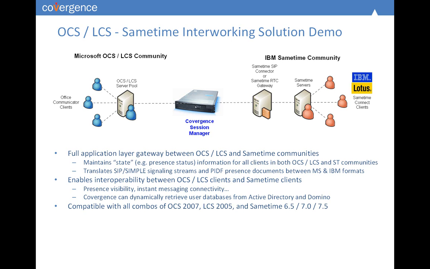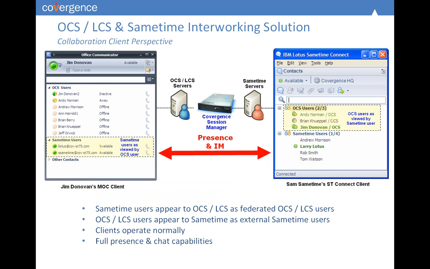From a collaboration client perspective, what you're going to see in the demonstration is, on the left side, an Office Communicator. On the right side you'll have an IBM Lotus Sametime Connect client. The users are divided up so they're both Sametime and OCS users in both of the collaboration clients.